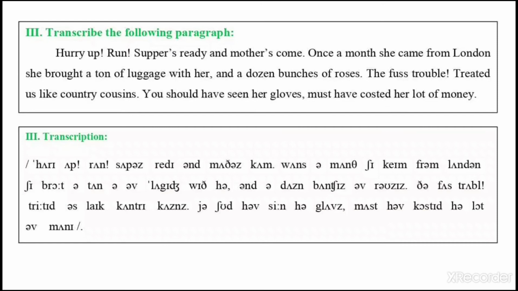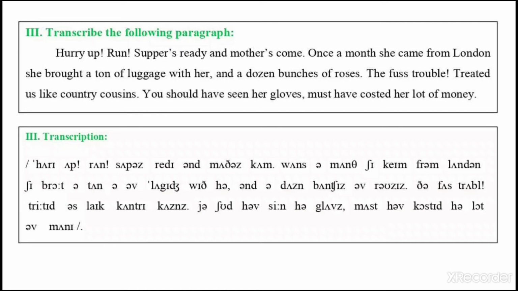She, short E, came, came. Here we have the diphthong A. Came from with a schwa, London, London. So la with a V and then with a schwa. London. She, short E, brought, brought.